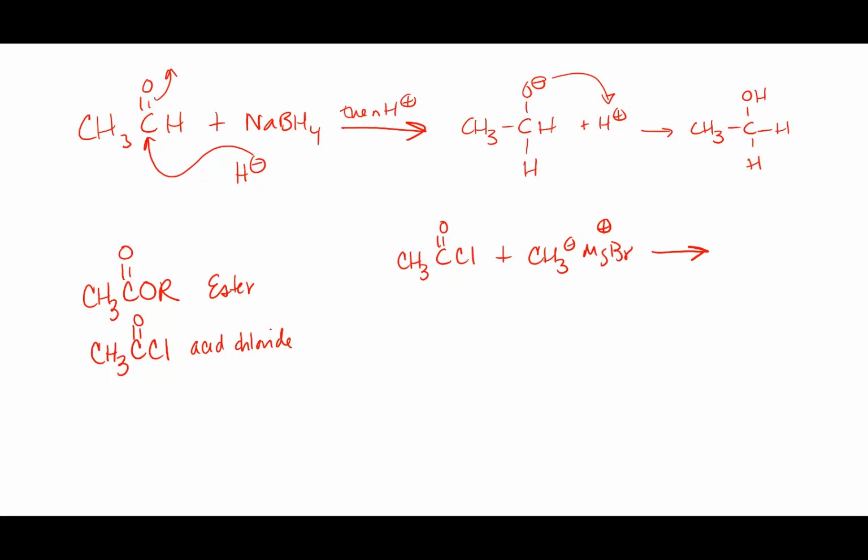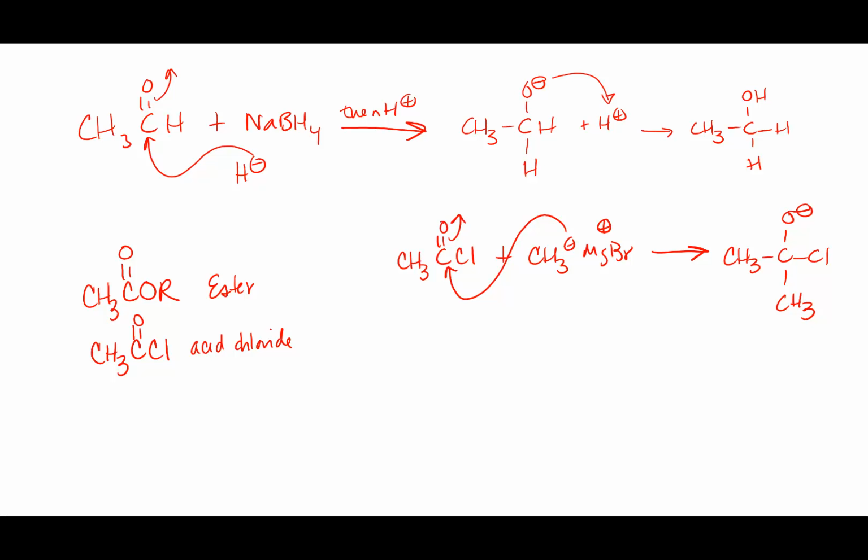First step in the mechanism, CH3 minus is going to attack the carbonyl carbon. No different as before. I'm going to end up with a CO minus, and then my CH3, I form my carbon-carbon bond. First step's the same.